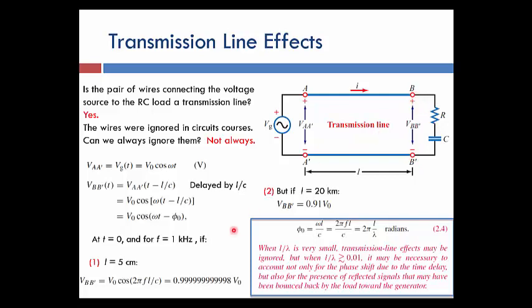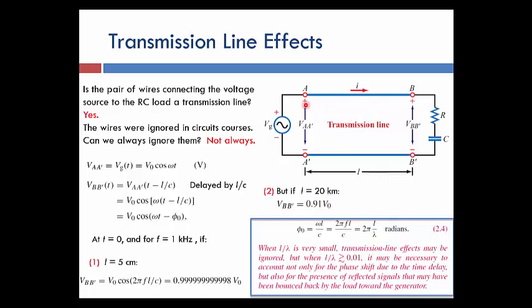But if we apply the same signal with amplitude 1 and frequency 1 kilohertz on a transmission line with length 20 kilometers, this signal will travel and reach the points B to B dash, and if we calculate the voltage across B to B dash, it will be 0.9.